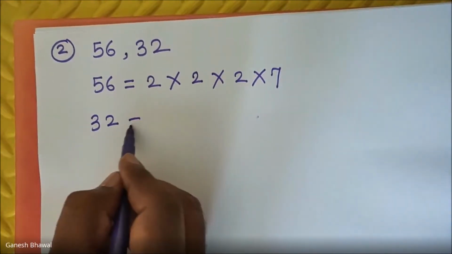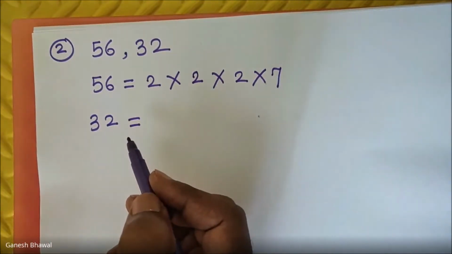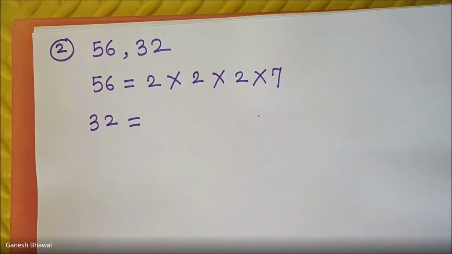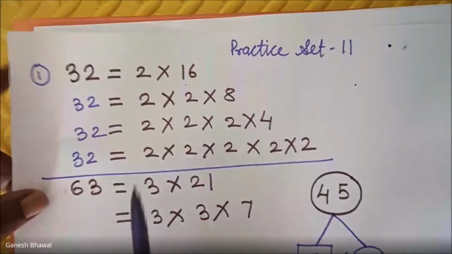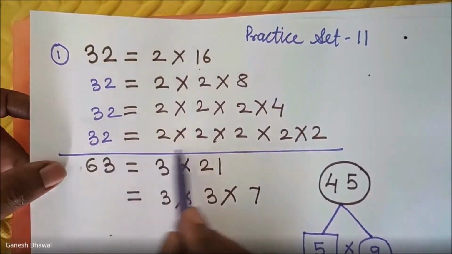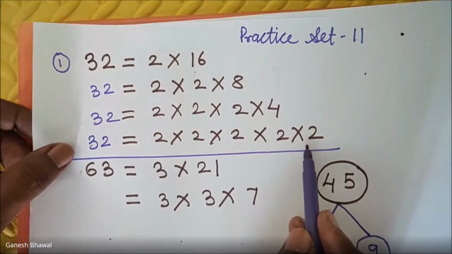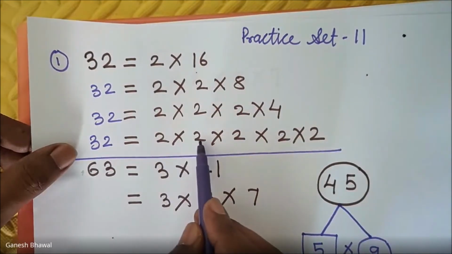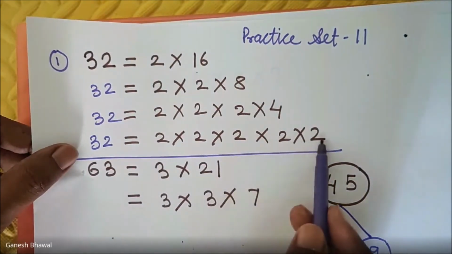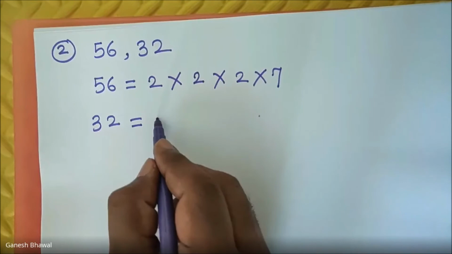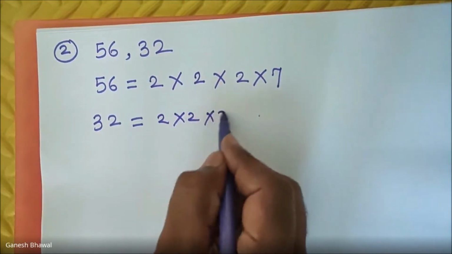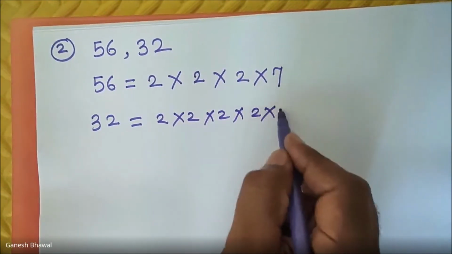Next number is 32. We have already found the final factors of 32: 2 five times.